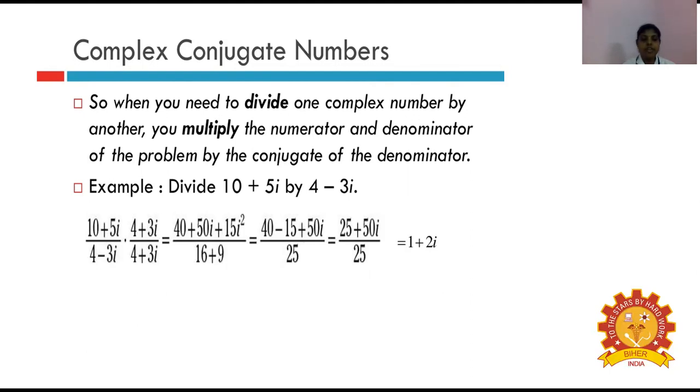By simplifying this, we get 16 plus 9 equal to 25, and the numerator is 40 minus 15 plus 50i, which is 25 plus 50i, divided by 25. By simplifying this, we get 1 plus 2i.